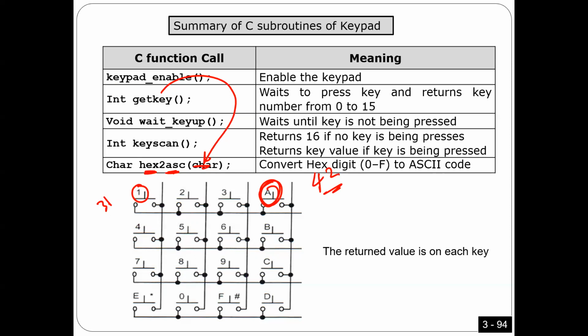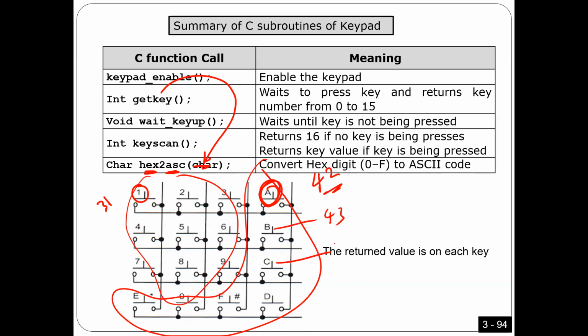So very simple. From 0 to 9, that's easy, you just add 30. However, for these ones, there is another way to do it, because A should be 42, 43, 45, and so on. Instead of you checking if this is between 0 and 9, add 30, if this is between A and D, add another number, and so on, I'm going to make it easier.